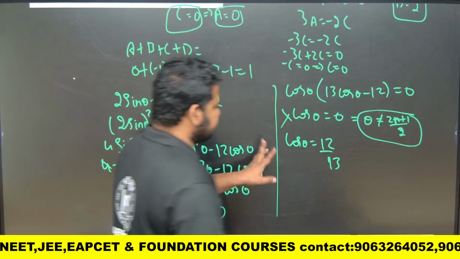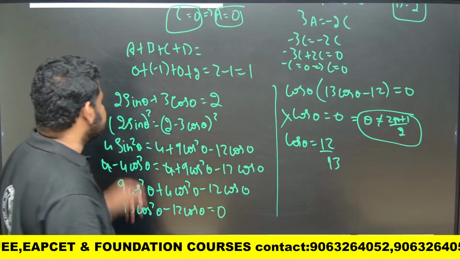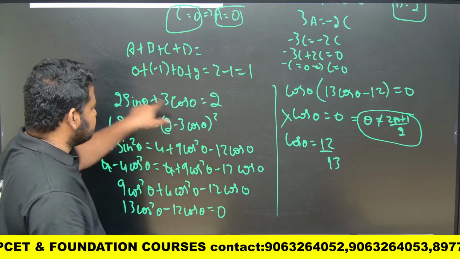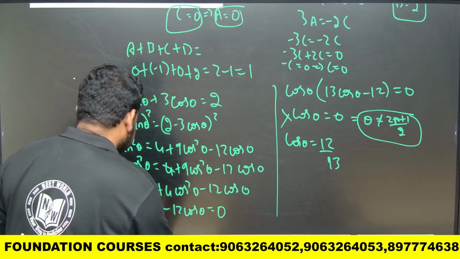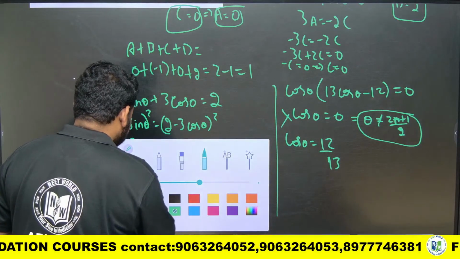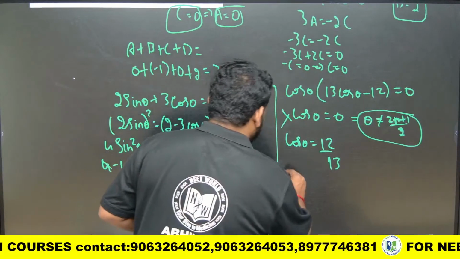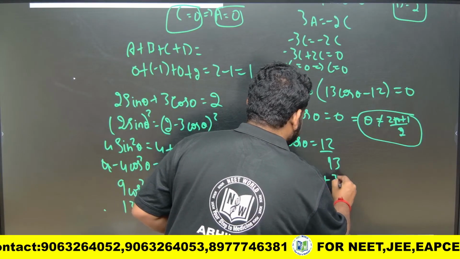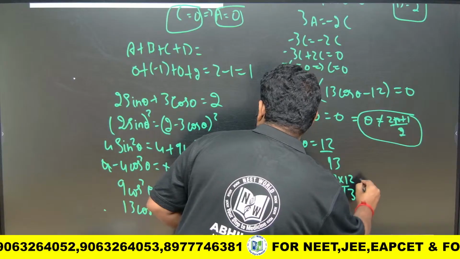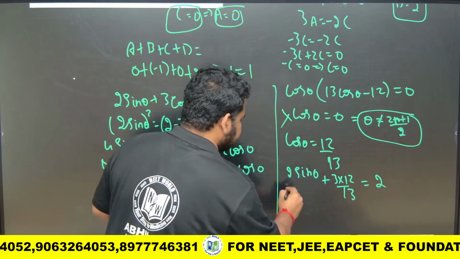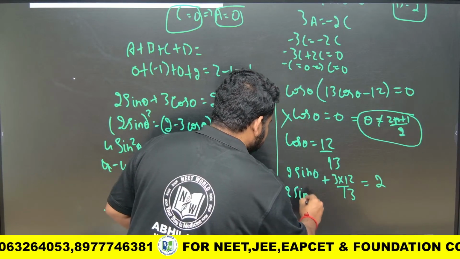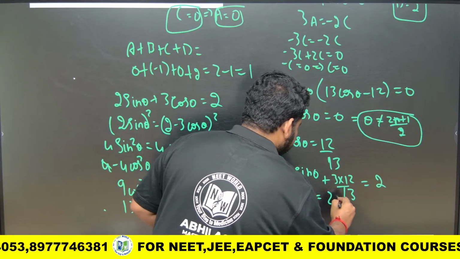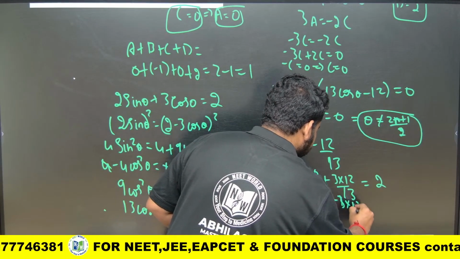When I got cos theta is equal to 12 by 13, definitely I can get sin theta. So here I will put cos theta is equal to 12 by 13. 2 sin theta is equal to 2 minus 3 cos theta, that is 2 minus 3 into 12 by 13.